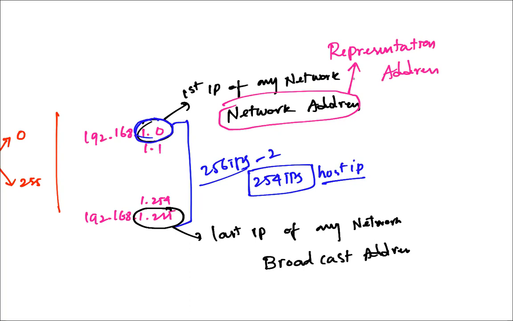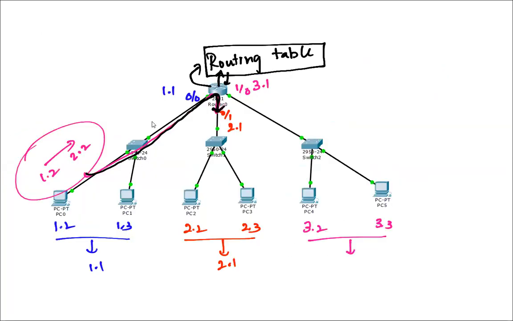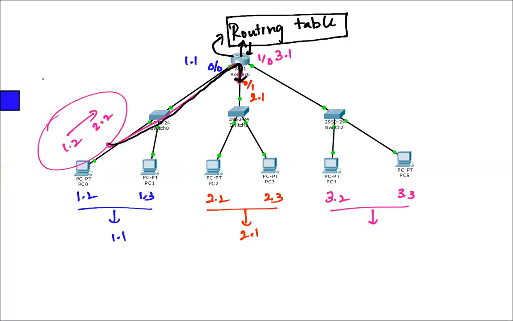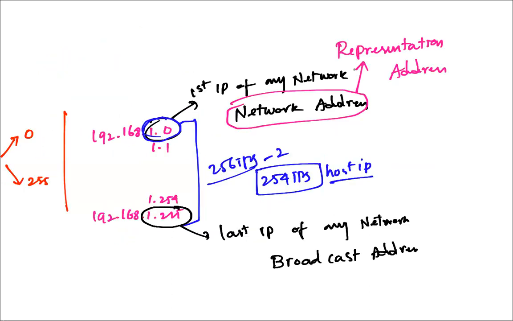Now, if I just wanted to refer to all these IP addresses, 1.1, 1.2, 1.3, 1.4, all these pieces here, with a single IP address, then I can use a representation address, which is called the network address.